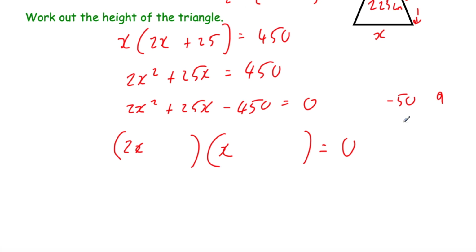I'm actually thinking perhaps if we choose something such as 45 and minus 10, would that be a bit closer? So if we were to put the 45 here and the minus 10 here, so plus 45 and minus 10, 2x times x is 2x squared. 2x times minus 10 would be minus 20x, plus 45x is the 25x, fantastic, and then we've got the minus 450, so that would work.